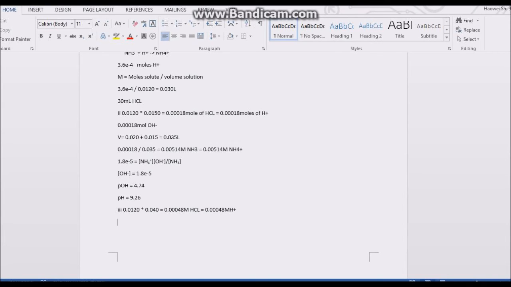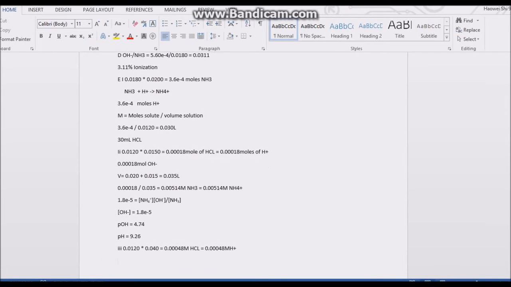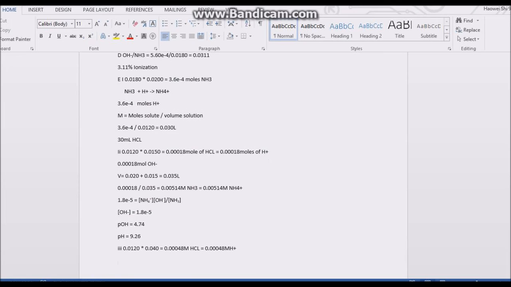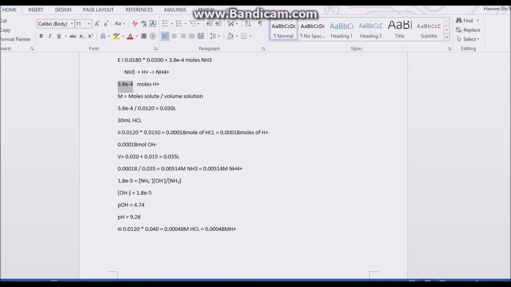Now, because we calculated the amount of H plus required to reach equivalence in part 1, it requires 3.6 times 10 to the negative 4th moles of H plus.